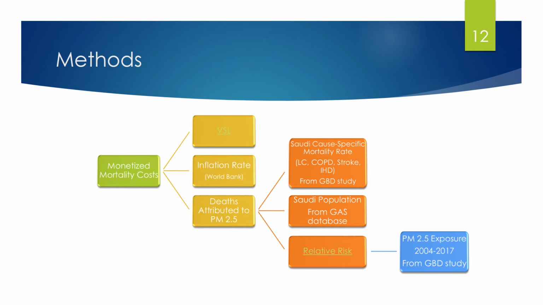And we've also obtained the official Saudi population from the General Authority of Statistics in Saudi, and these are available on their website. And then we have calculated the relative risk. To calculate this relative risk, there has been an established function which is known as the integrated exposure response function.